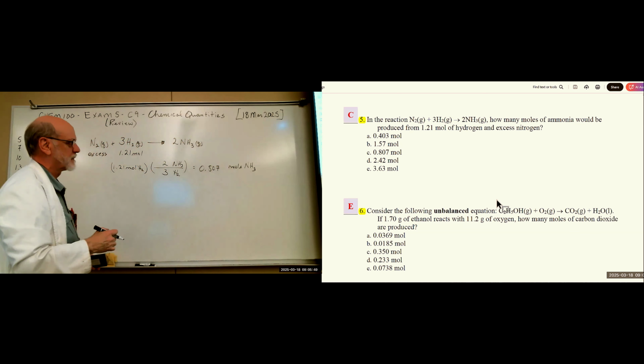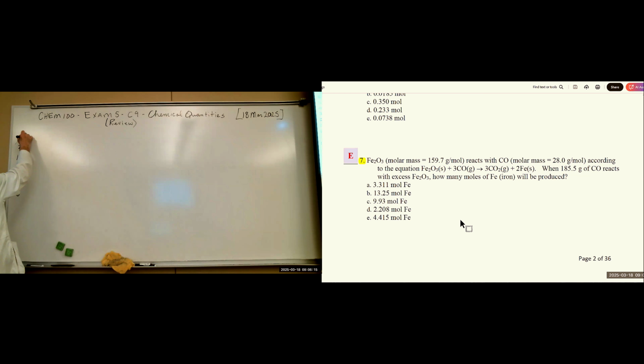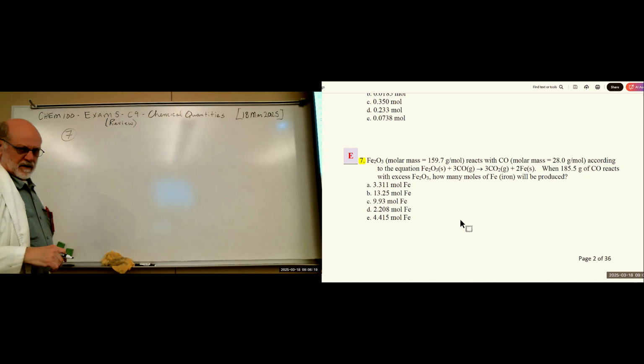All right. So we're going to skip 6 for now and move on down to 7. Iron 3 oxide, and the molar mass is given there, reacts with carbon monoxide according to this equation.